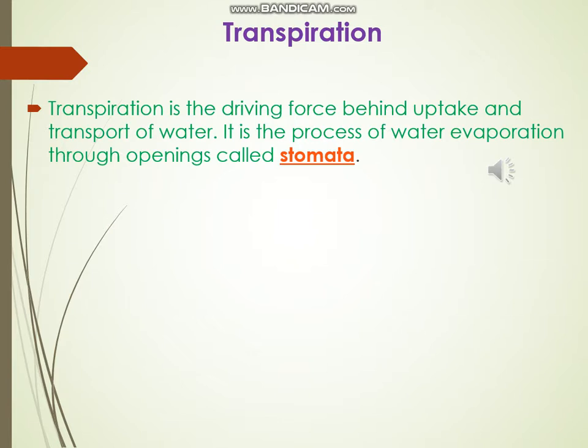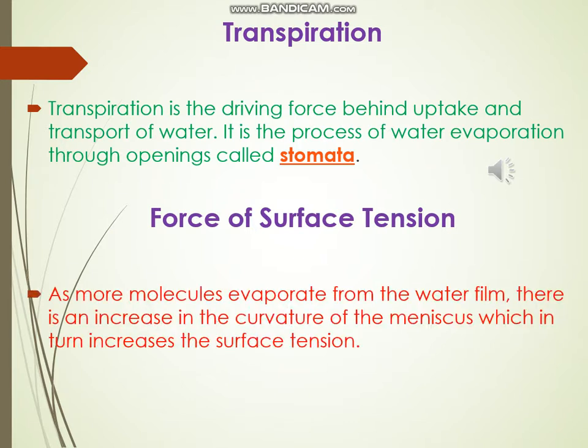soil. Next one is force of surface tension. As more molecules evaporate from the water film, there is an increase in the curvature of the meniscus, which in turn increases the surface tension. Water from the surface cells is pulled towards this area to reduce the tension. After that, next one is water potential gradient.